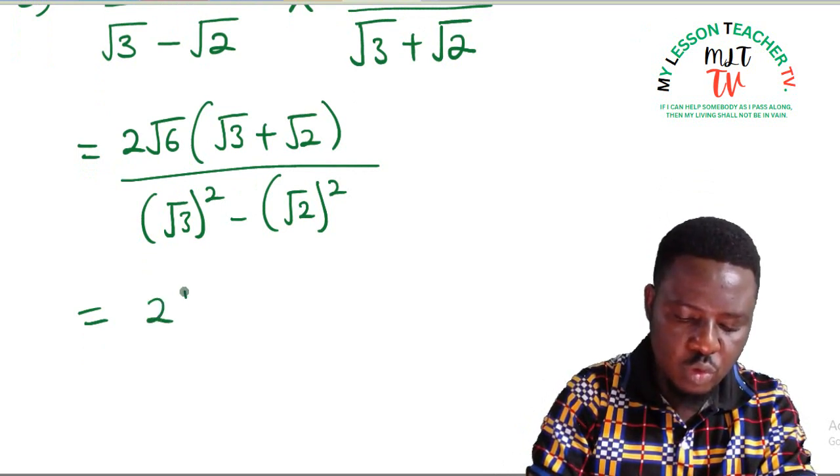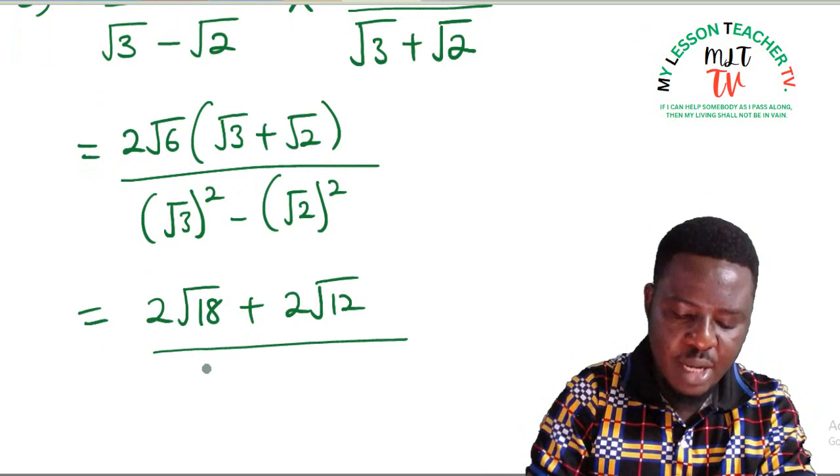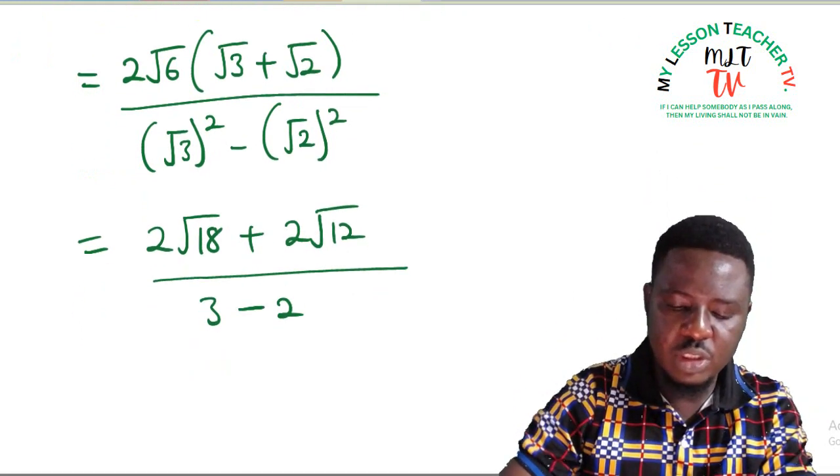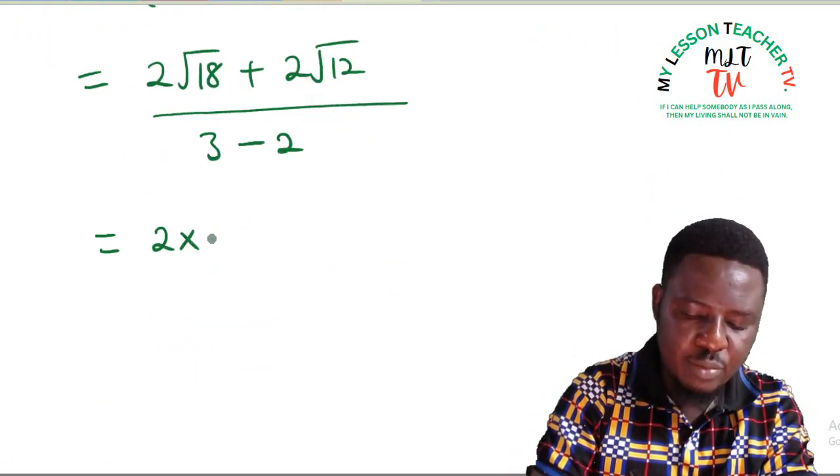This becomes 2 root 18 plus 2 root 12 all divided by 3 minus 2. For 3 minus 2 is said to be 1. So this is equal to 2 times 3 root 2.